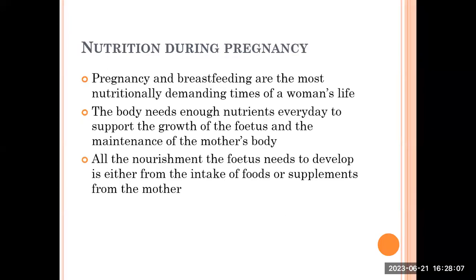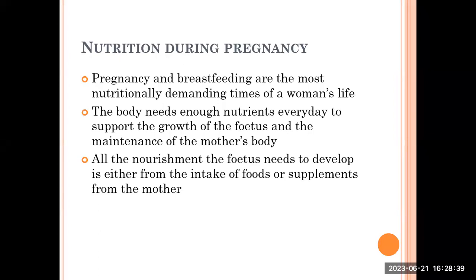Now, during pregnancy, and of course also breastfeeding, the demand for nutrients is very, very high. Okay, in a woman's life, pregnancy and breastfeeding demand a lot of nutrients. And that is a well-known fact, because in pregnancy we all know that there's a fetus and the embryo, whatever you want to call it, together with the mother.